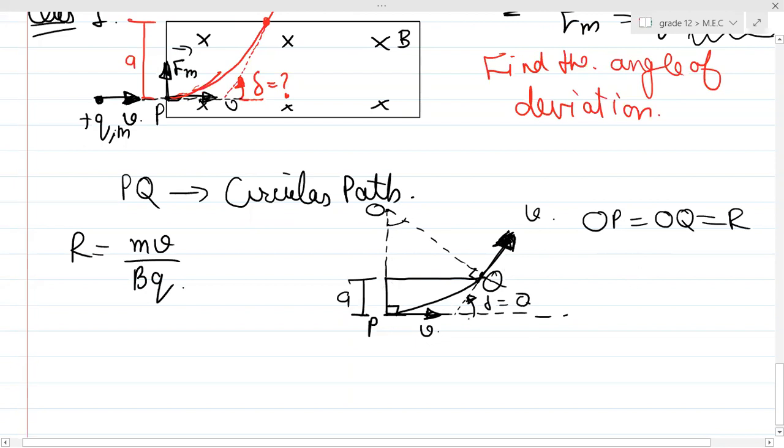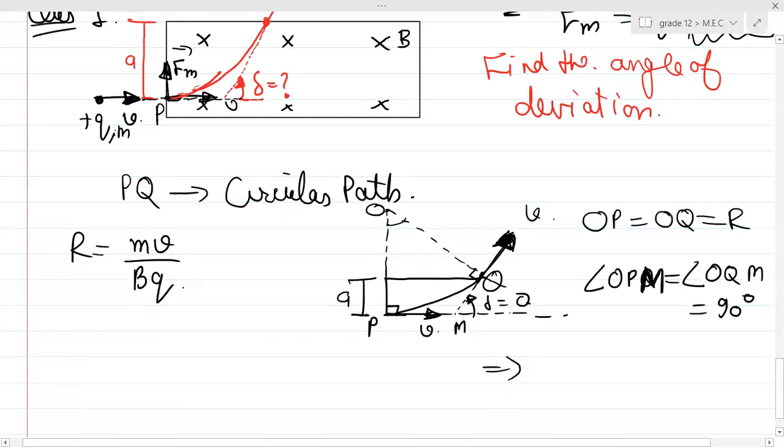So PQ, let's name it as M. So angle OPM is equal to angle OQM. These both angles are equal to 90 degrees. So since OPMQ is a quadrilateral, I'll color it with a different color so that you will be able to see.